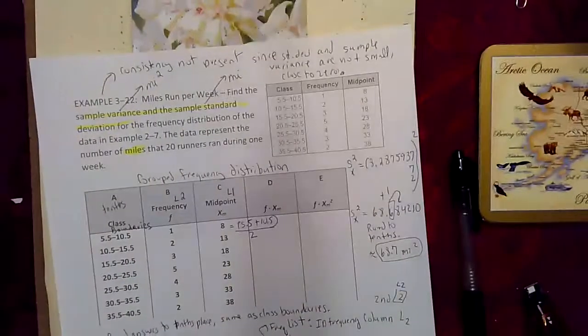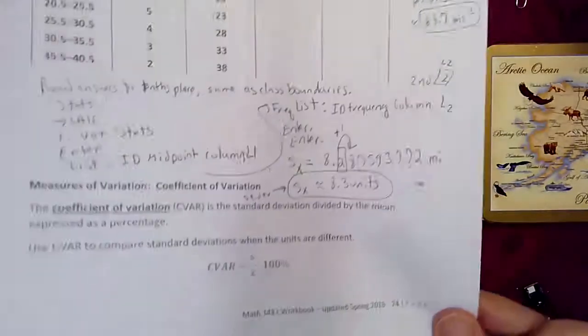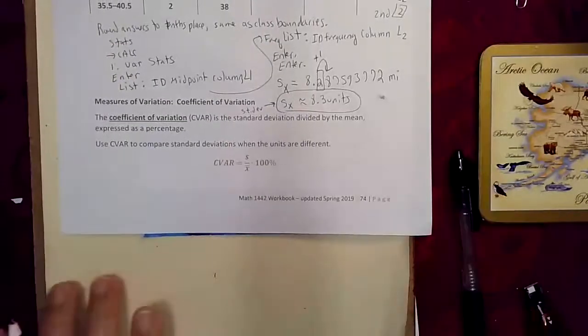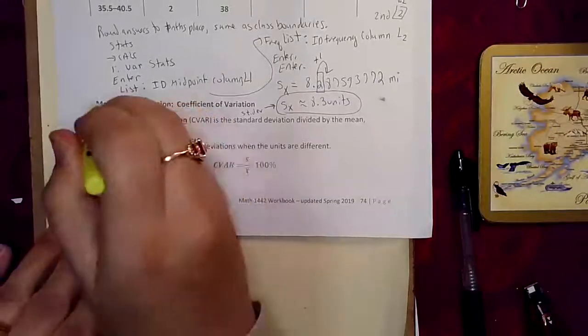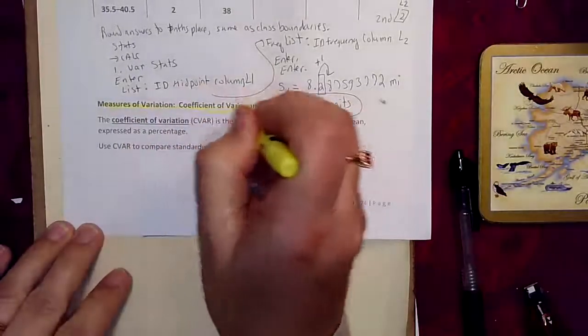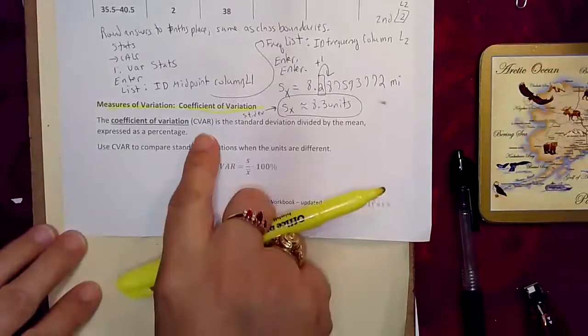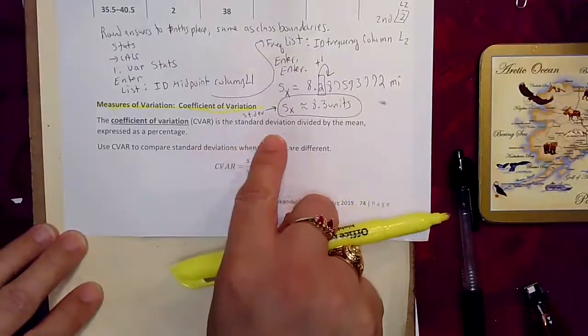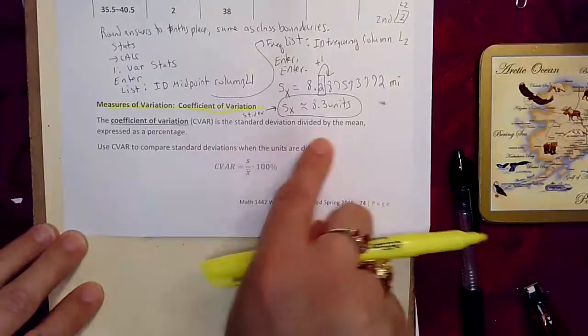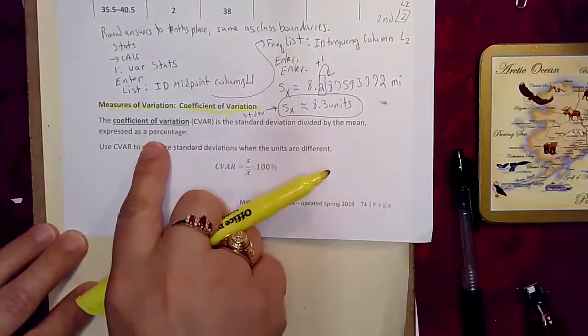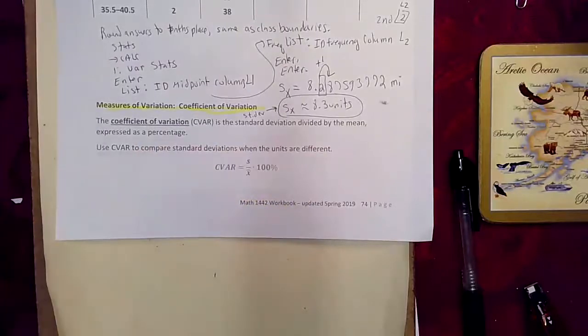So at the bottom here, we do have the formula for that. It's another measure of variation. It's called the coefficient of variation. The coefficient of variation, CVAR, is the standard deviation divided by the mean expressed as a percentage. So that's why there are similarities there, okay, to use in the formula. Use the CVAR to compare standard deviations when the units are different.